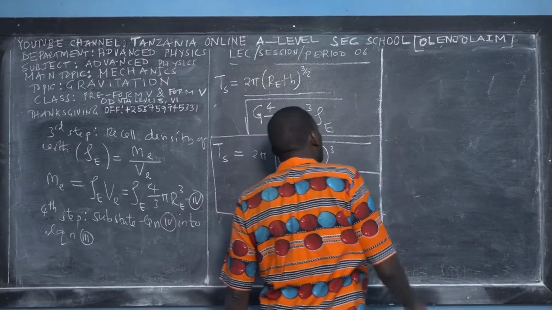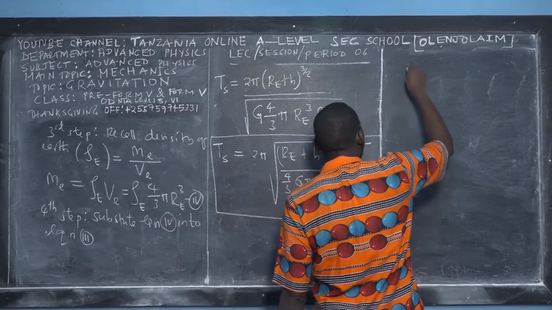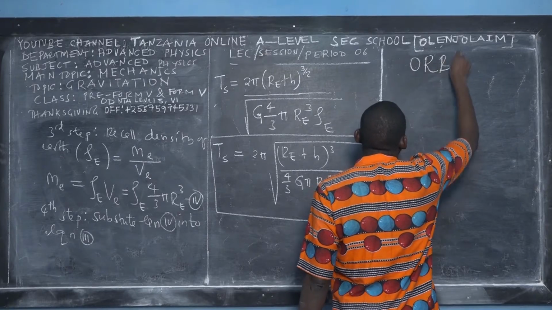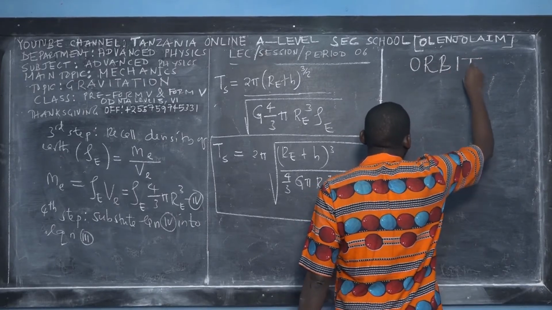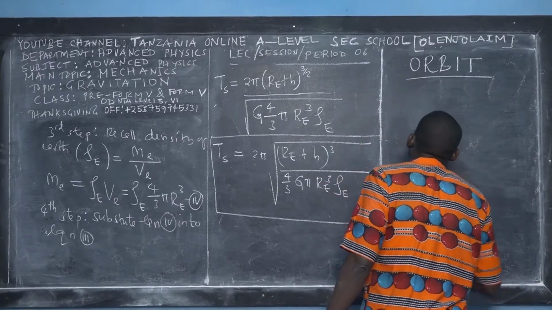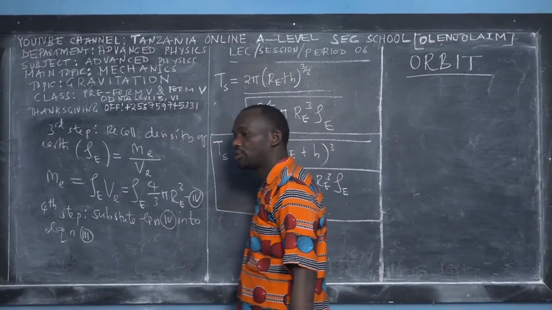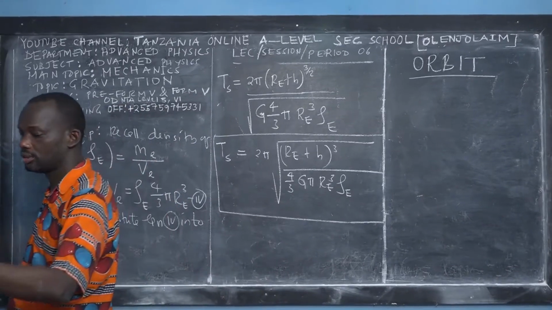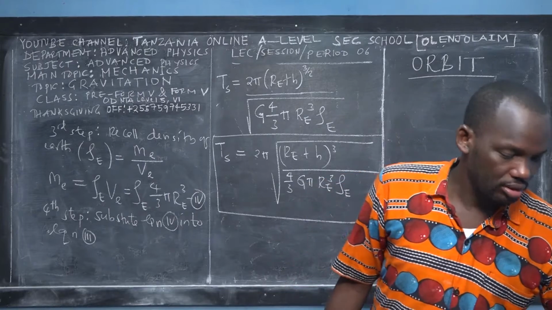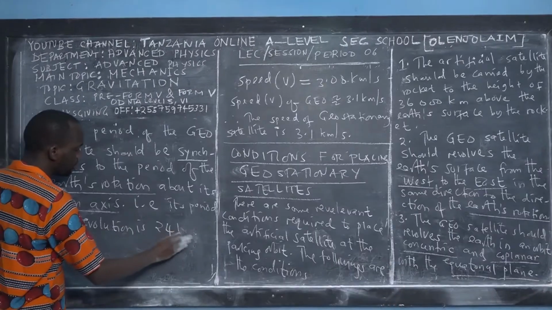The main focus of this lecture is a terminology that we have touched on and even discussed in some previous lectures. This term, this vocabulary, we call it orbit. Okay? So we are going to focus on the orbit of what? Of the satellites.